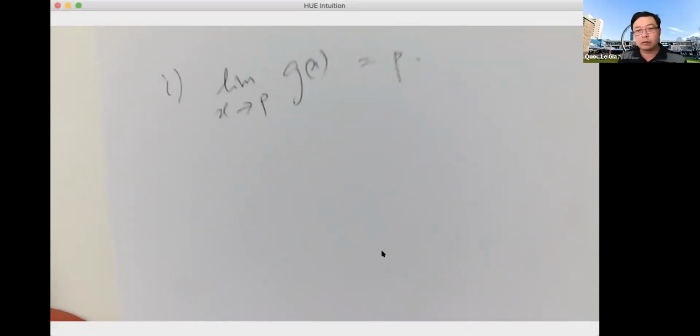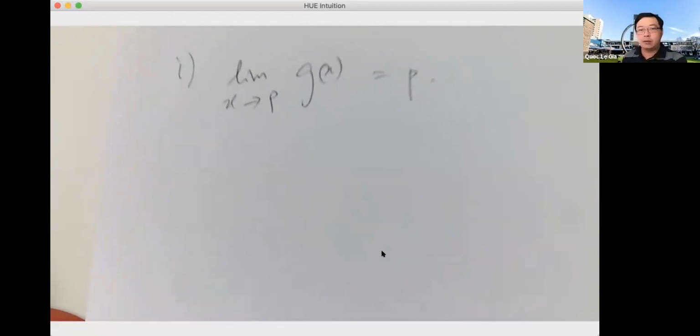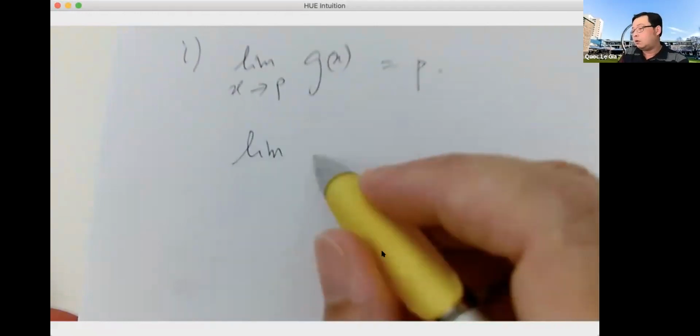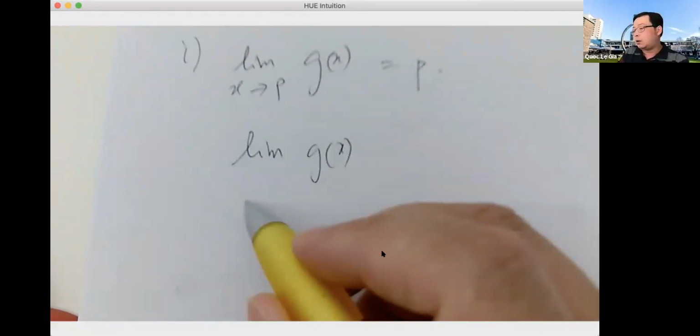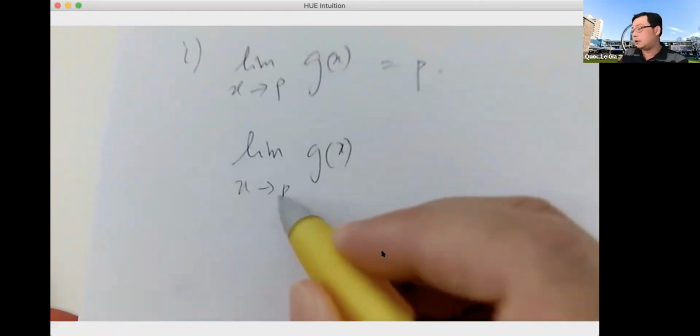Okay, so how do we do that? Well, first we plug it in first, yeah. So limit of g of x, x going to p.